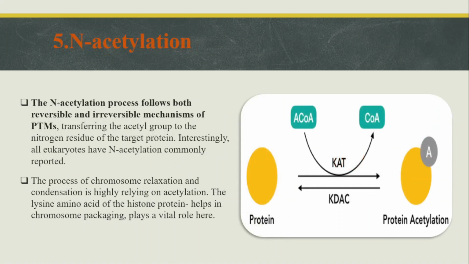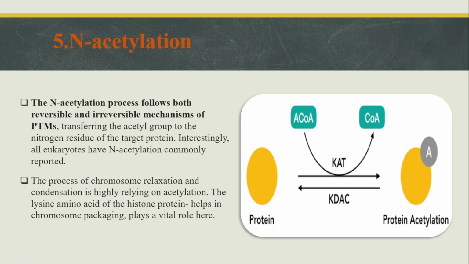And the next one is N-acylation. In 1964, Vincent Allfrey reported the first acylation modifications in isolated calf thymus nuclei. Two enzymes, KAT, which stands for lysine acetyltransferase, and HAT, histone acetyltransferase, have an important role in this process.